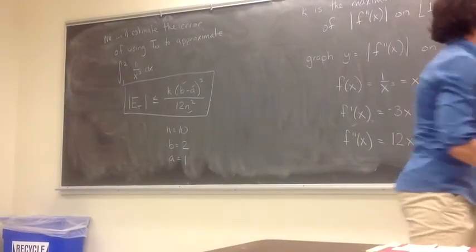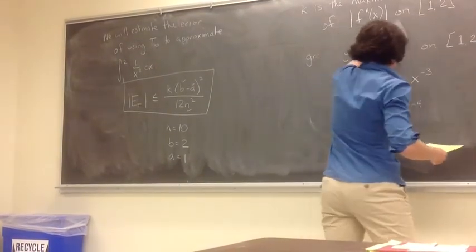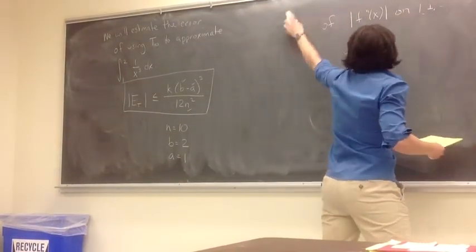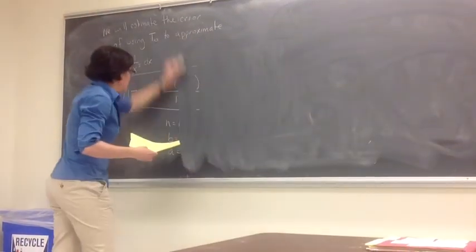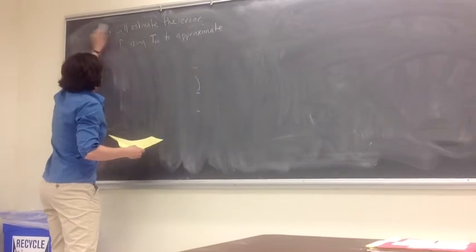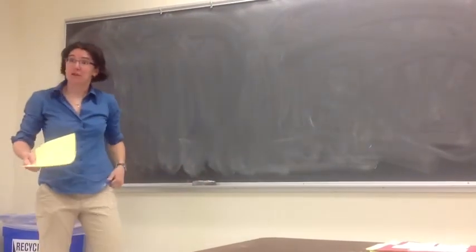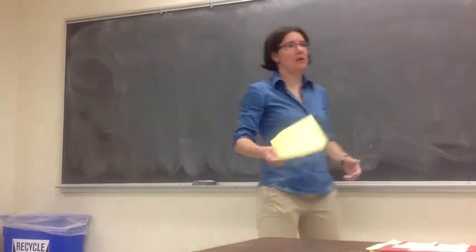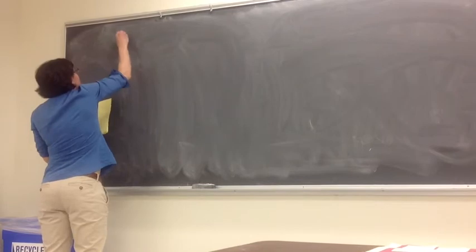Okay. So let's wrap up with one final example here. And this question addresses the second problem that we were left with before the break, and that is, if we know we have a tolerance that we need to achieve, how do we know how many subintervals we need? So here's our next question.